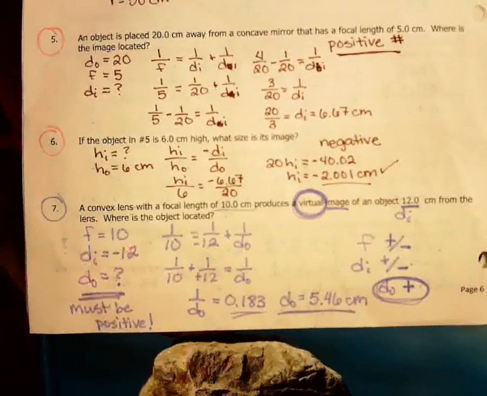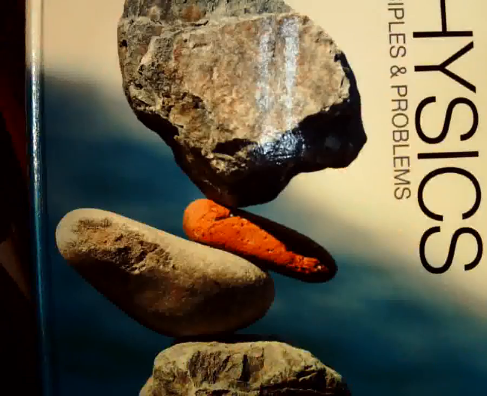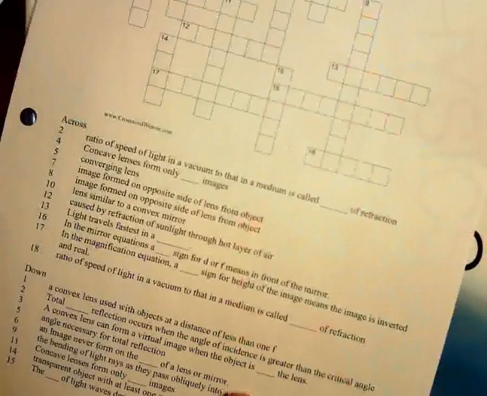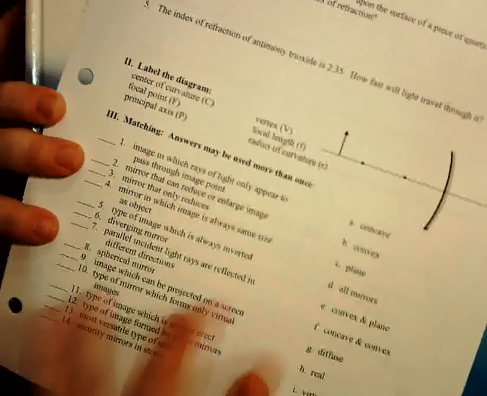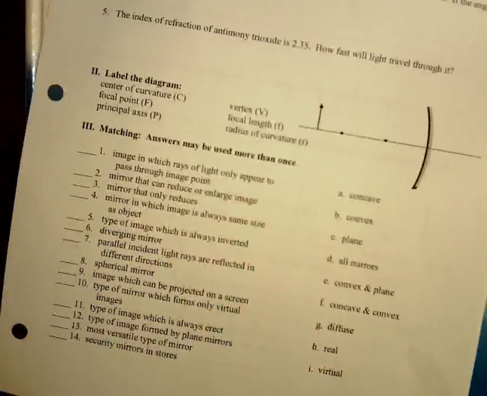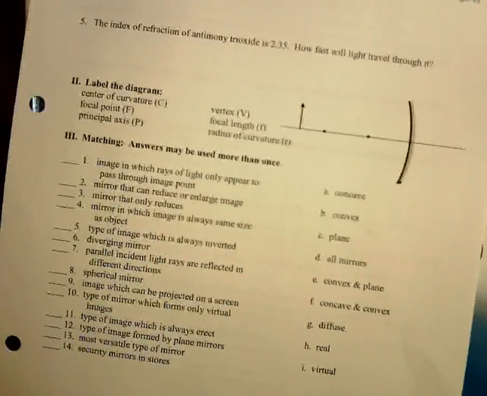All right, let's move on to the math problems that are on the review. There are not very many. The review consists of a lot of talking about mirrors and images in conceptual terms, which is definitely a good thing to review because there are questions like that on the test, and that's not what we spent our class time on because it's not what people tend to struggle with.